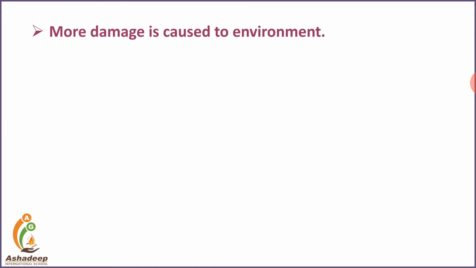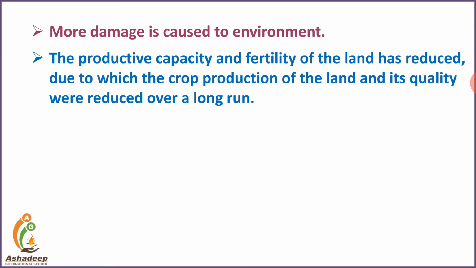More damage is caused to the environment. Why? Because we are using chemical fertilizer and it will affect the soil. The productive capacity and the fertility of the land has reduced, due to which the crop production of the land and its quality were reduced over a long run.